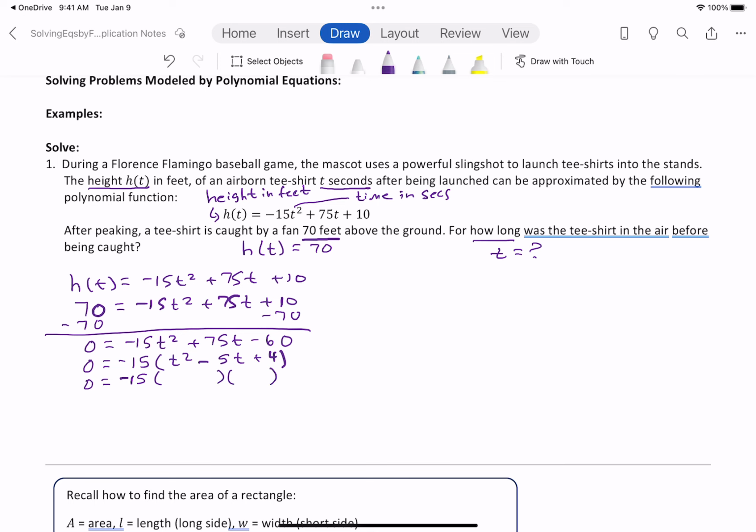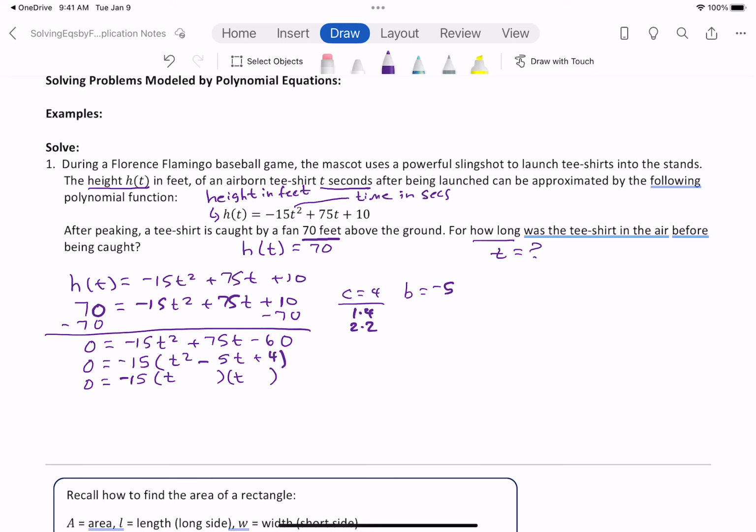Now that the a is 1, we know we have to have t and t. c is equal to 4, so my factors are 1 and 4, 2 and 2. And the ones that will give me a negative 5 are 1 and 4.